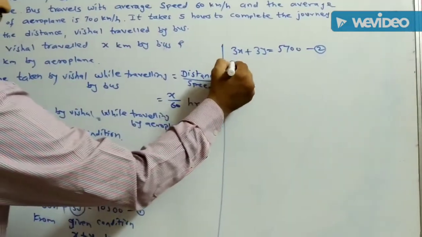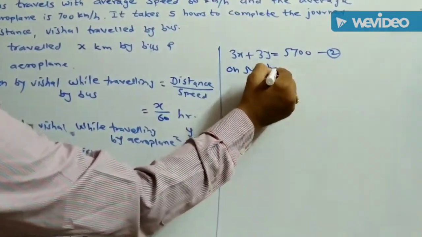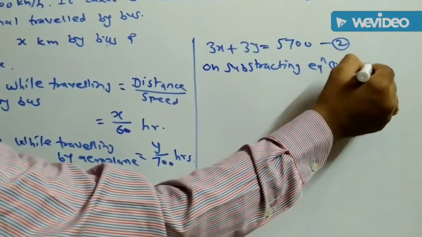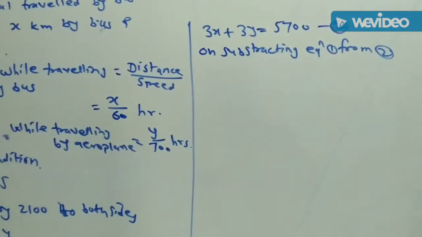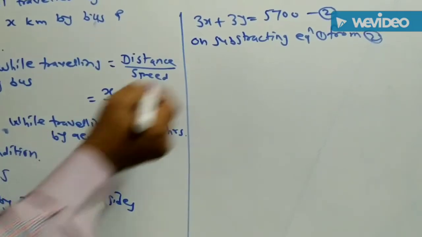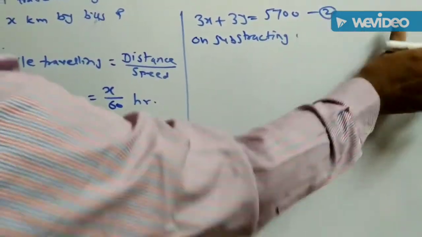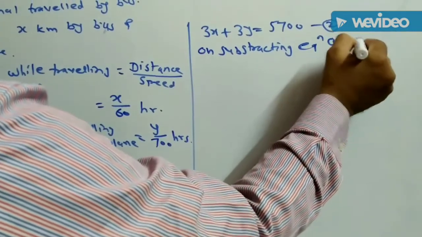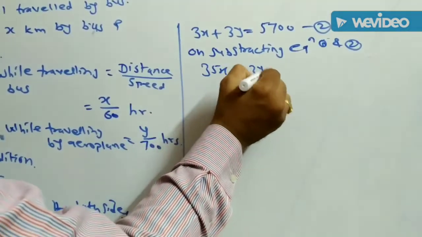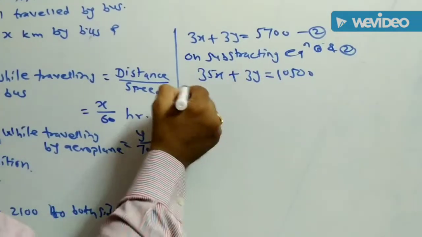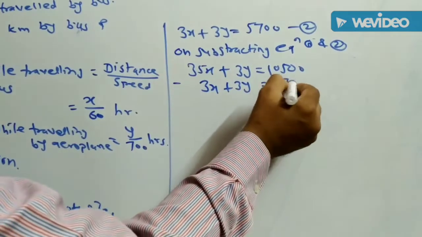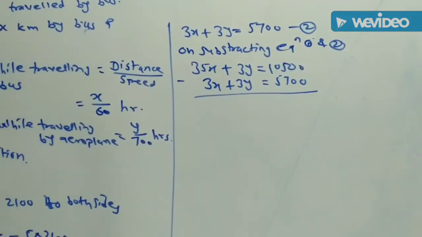Now on solving equations 1 and 2, if we see the coefficients of y, the signs are the same, and if the signs are the same, we take the subtraction. Therefore on subtracting equation 2 from equation 1, we get 35x plus 3y is equal to 10,500, minus 3x plus 3y is equal to 5,700.